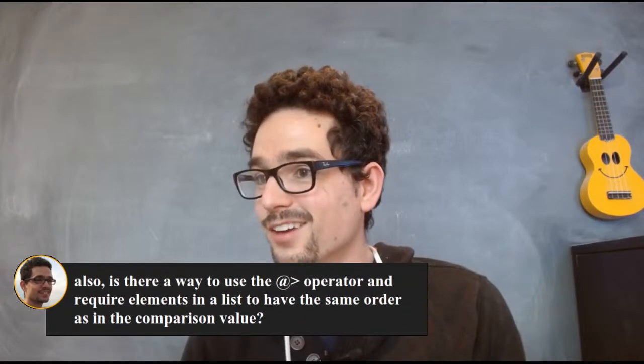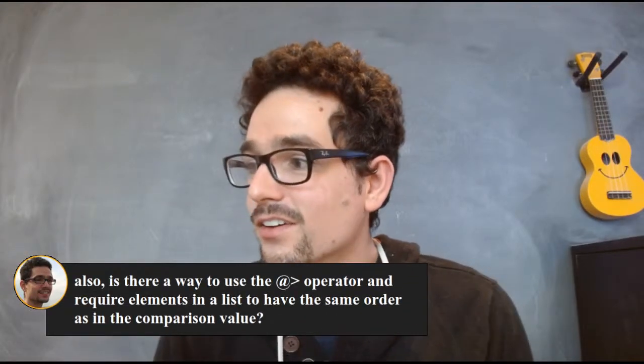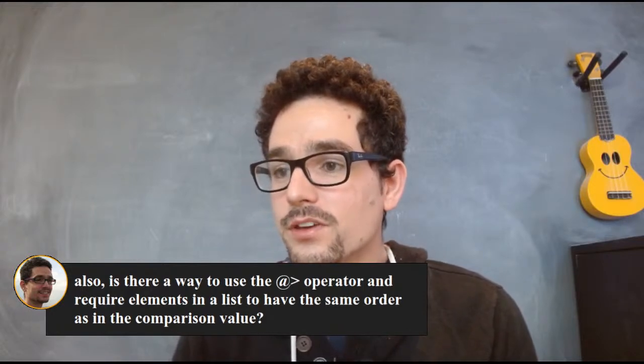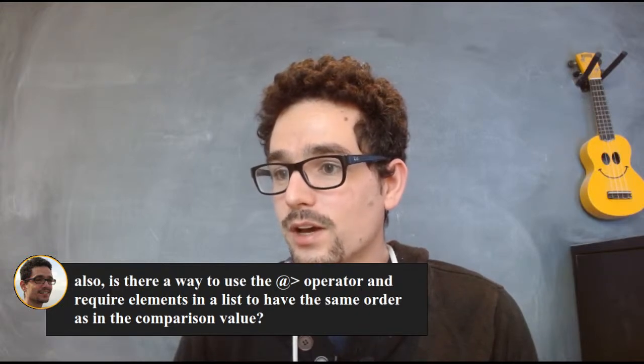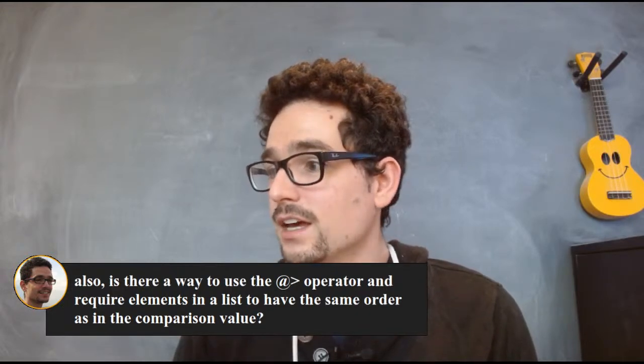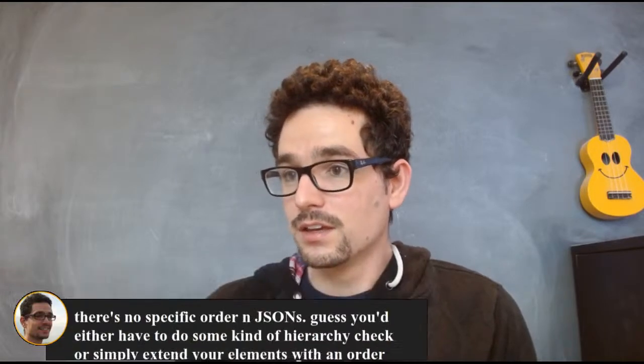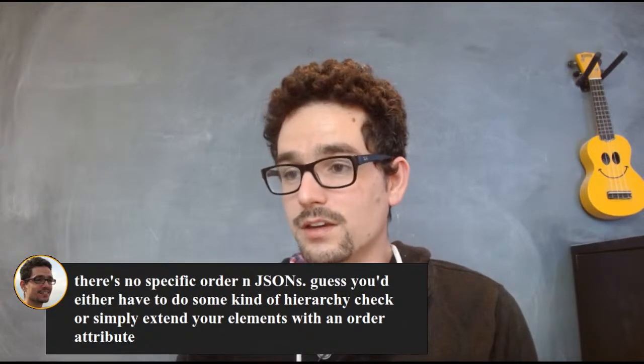And now I quickly take a look at the questions. There are some questions in the chat. Is there a way to use the containment arrow operator and require elements in a list to have the same order? It is added.